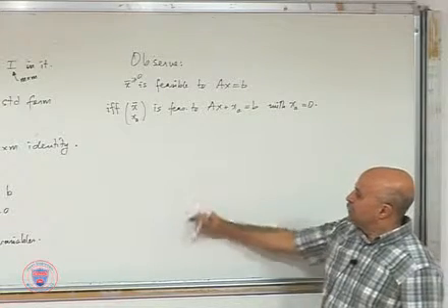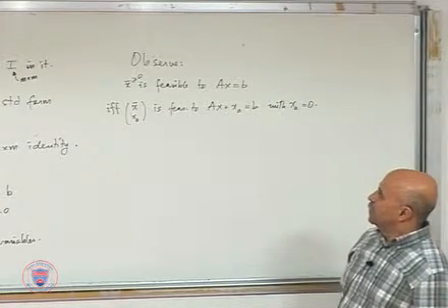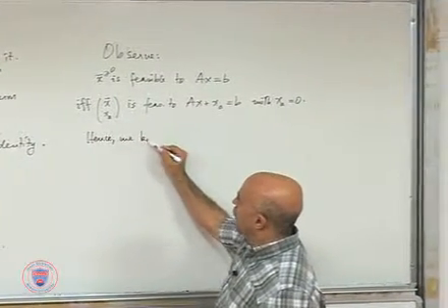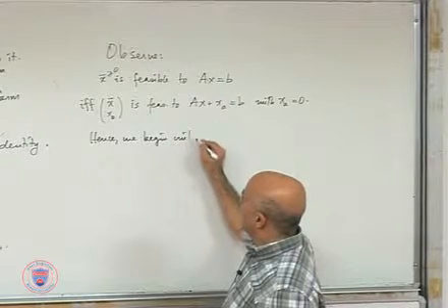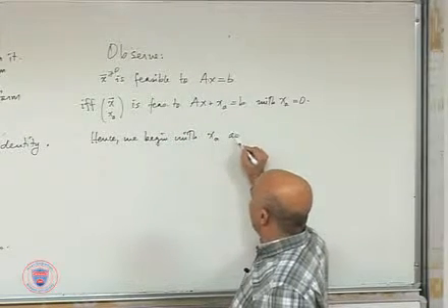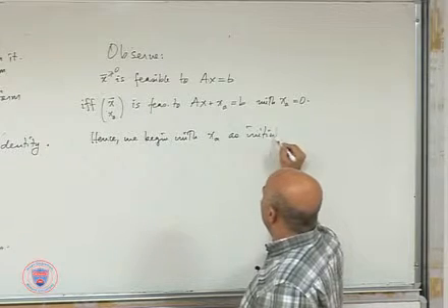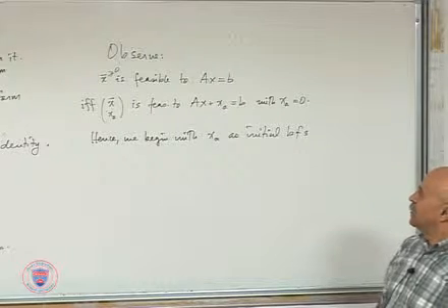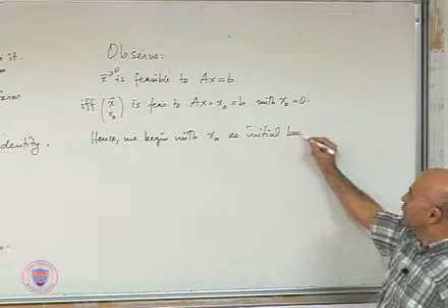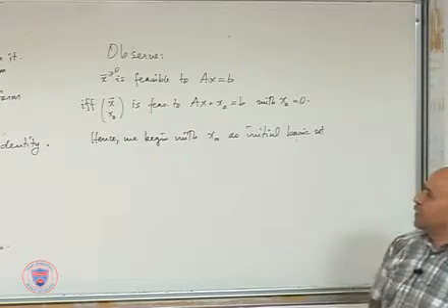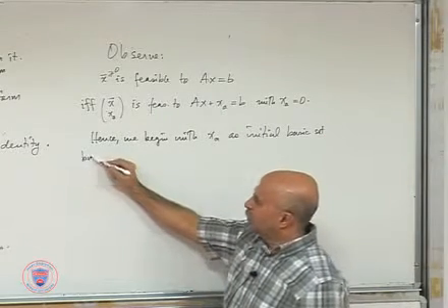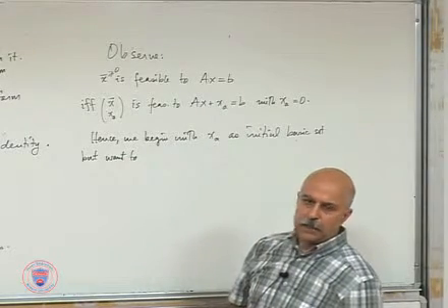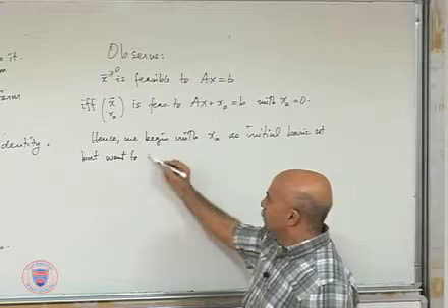All right. So what do we do here? Hence, we begin with X_A as the initial basic feasible solution or basic set of variables, but we want to obtain X_A equals 0 when we optimize.